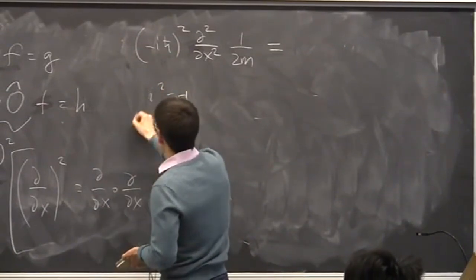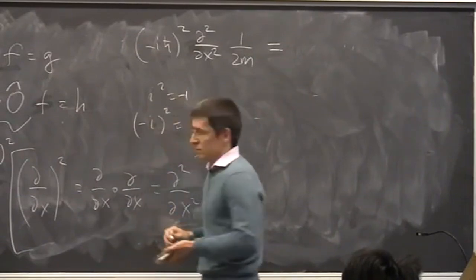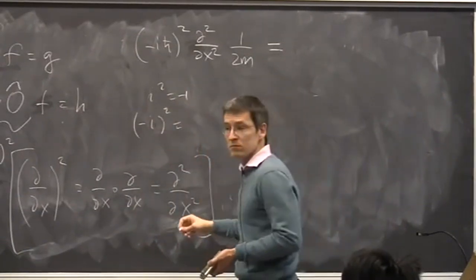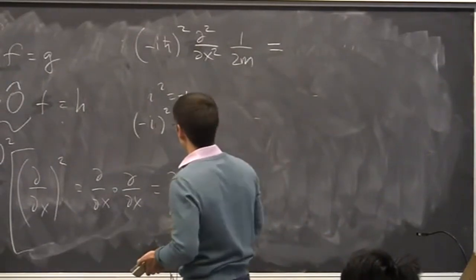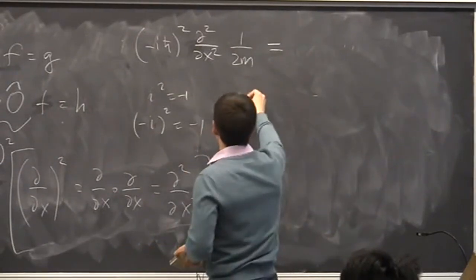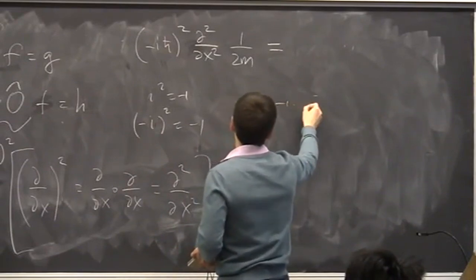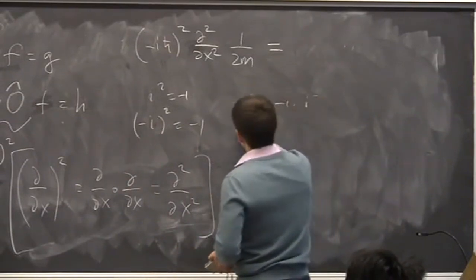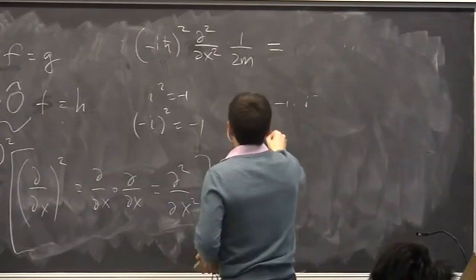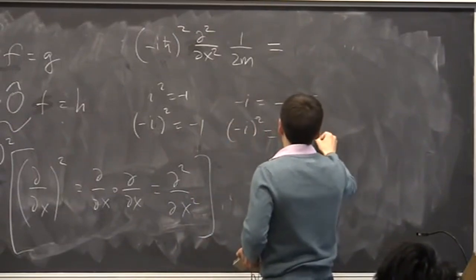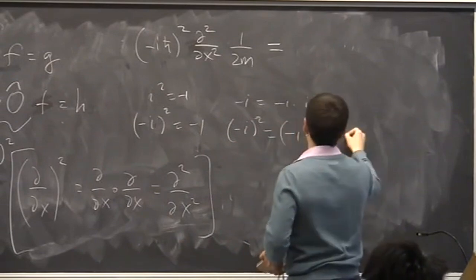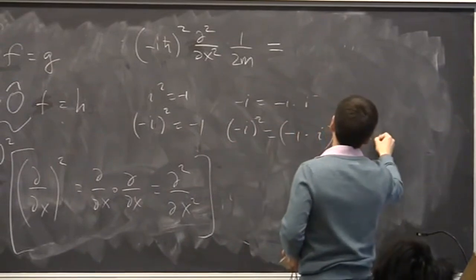What would minus i squared be? Yeah, still minus 1 actually, if you think about it, because minus i is minus 1 multiplied by i, right? And minus i squared is minus 1 times i multiplied by minus 1 times i.